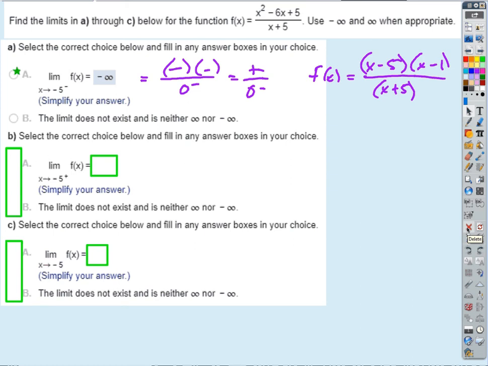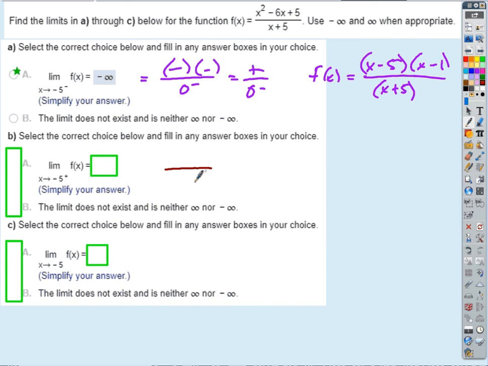Okay, what about this guy right here? We're approaching -5 from the right. Well, we can use the same template, can't we? We've already got it factored. So what's that going to give us then? Zero. Yeah, so on the bottom, if we approach -5 from the right, that's like -4.999, right?